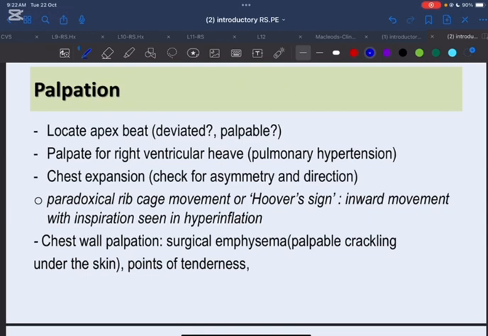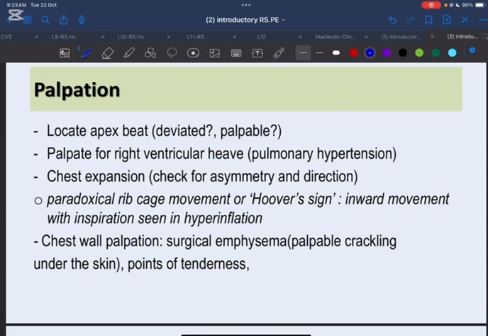So we feel the apex beat. If it's displaced, meaning instead of mid-clavicular it became anterior axillary, what else could cause that? Hyperinflation. What else? Anything, like a massive pleural effusion, would it displace the apex beat?